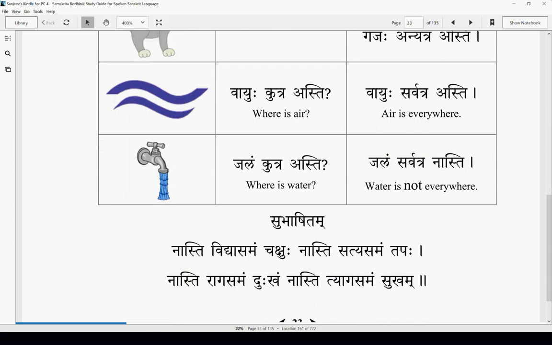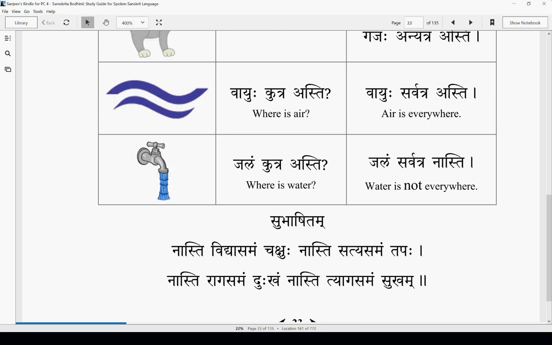Nasti vidya samam, right? Chakshuhu nasti. Satya samam tapaha. Satya samam tapaha.